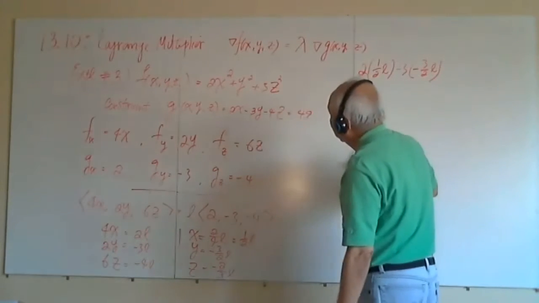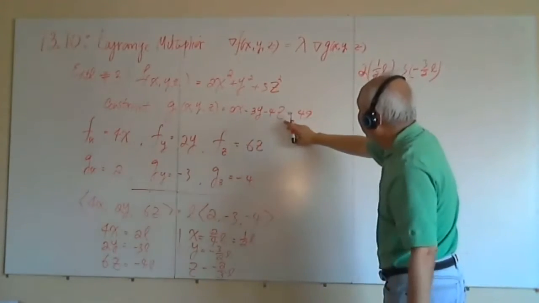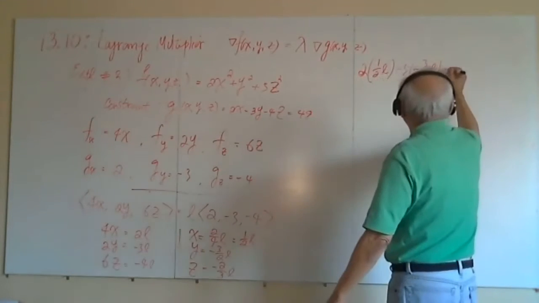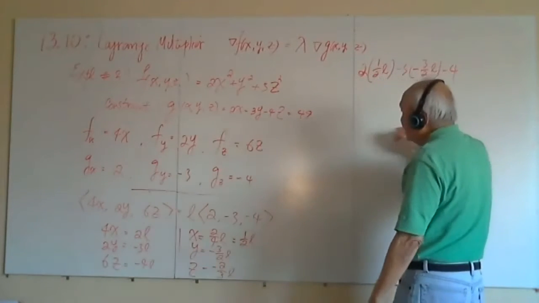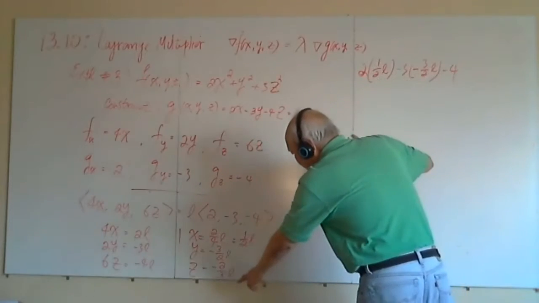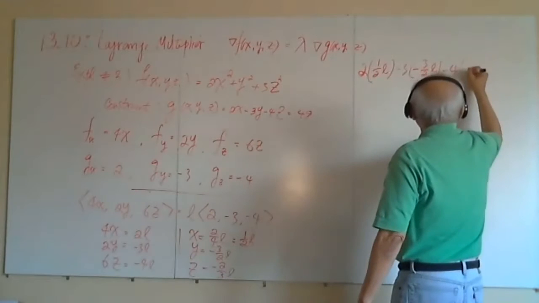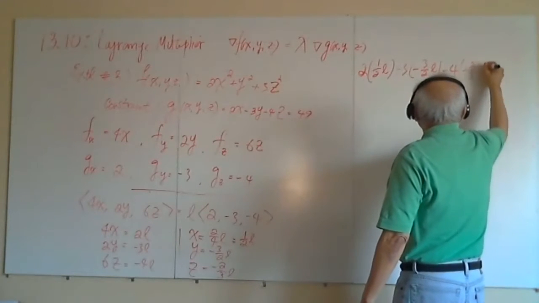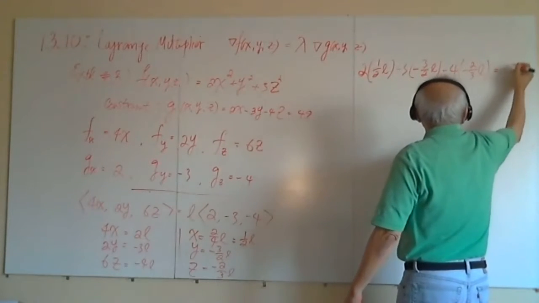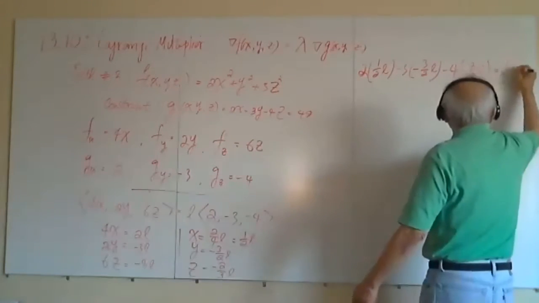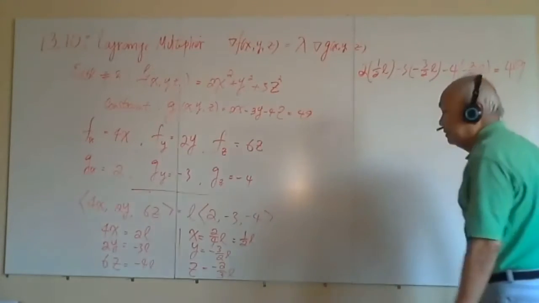Yes or no? Right. Okay. Now, let's talk about the last one. The last one is -4z. What is z here in terms of lambda? According to lambda here is -2/3 lambda. Okay, so this one here, the total left-hand side equal to 49.